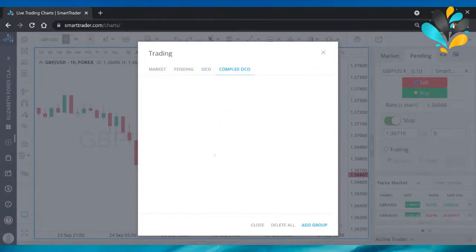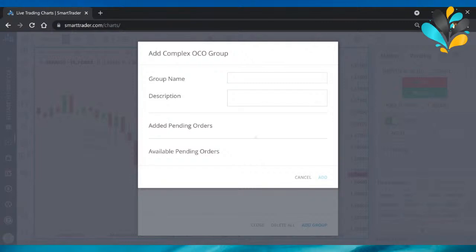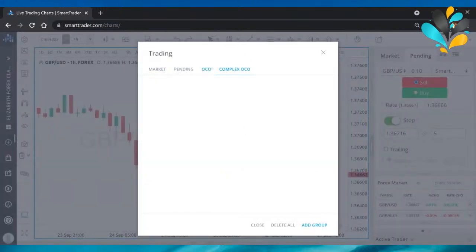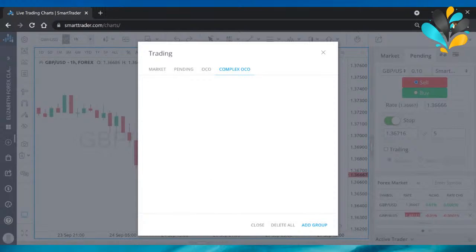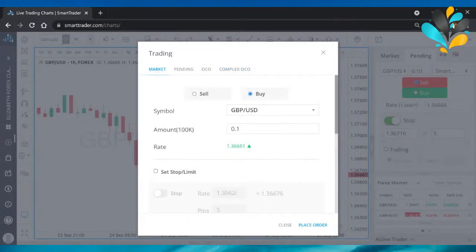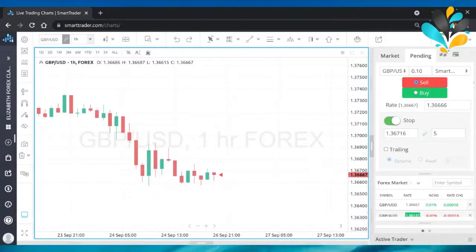Complex OCO would be if you wanted to add a group of pending orders, whatever you want to add. So you can actually have OCOs in groups, which is complex OCO. So it just opens up the dialog box for the trading in a separate section where you can see it or choose different options.